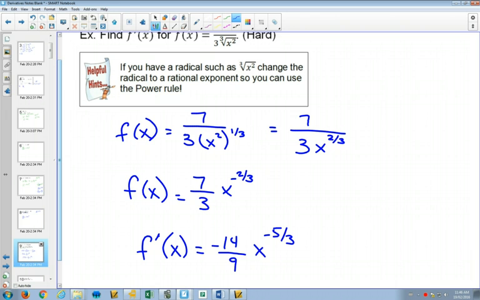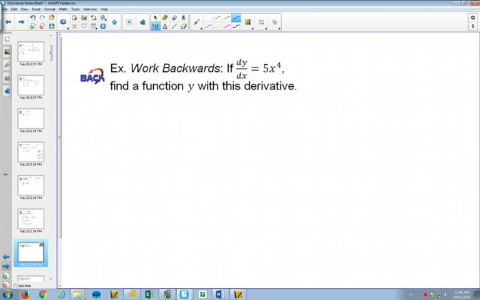We've got a couple questions here to end with, saying if I gave you the answer, could you work backwards and say what we started with originally? So if I told you the derivative was 5x to the 4, what function would we have had to start with? x to the 5. And we're going to find out later that this isn't the only function that has the derivative of 5x to the 4.